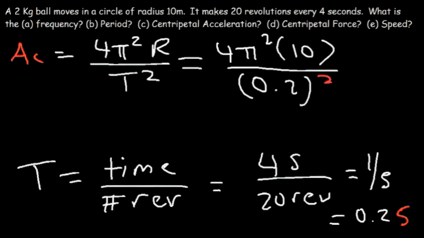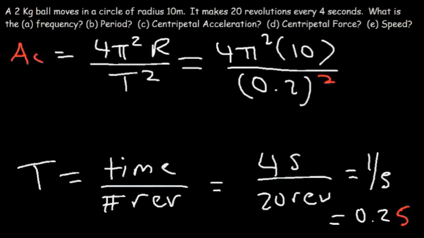And let's not forget to square it. So 4 times pi squared, that's 39.478. And then let's multiply that by 10, which is 394.78 divided by 0.2 squared.